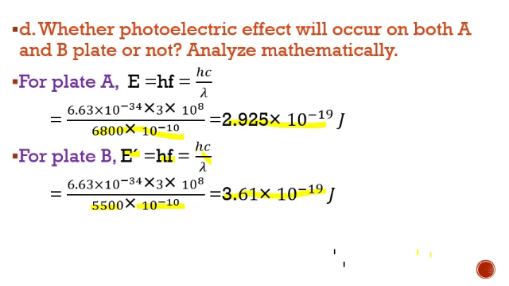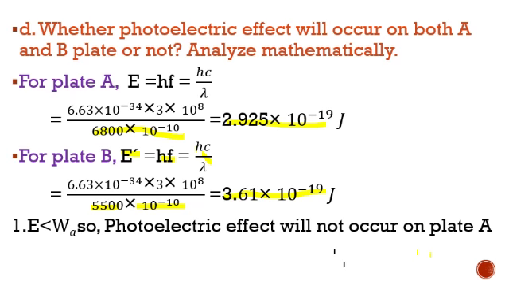So now the conclusion time. Will photoelectric effect occur or not? I already told you that to identify that we have to see the value of the work function. If the energy is less than the work function, then photoelectric effect is not possible, and if it is greater, then it is possible. Here E, the energy for plate A, is less than WA.